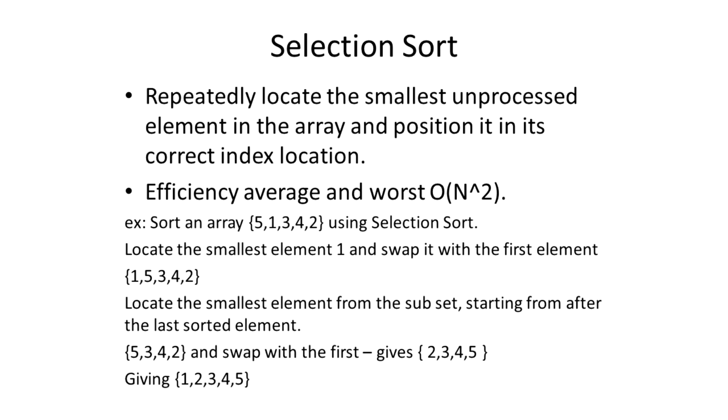So we then swap that with the first position, which is 5, so that 1 is at the start of the list. Okay, and then we locate the next value, which is 2, and then swap that with the second location to put 2 after 1. Okay, and we repeat this process until the items are in order.